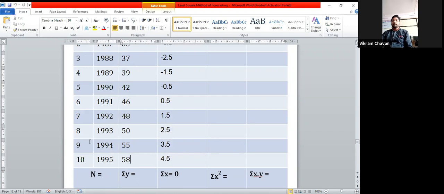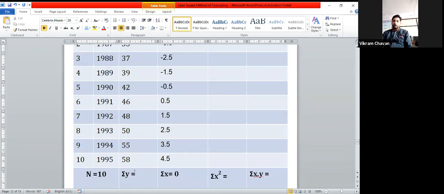Now, how many total number of periods? That we will come to know from the serial numbers. Total 10 periods are there, or 10 years of data is provided to you, so n will be equal to 10. That should be written at the bottom side.